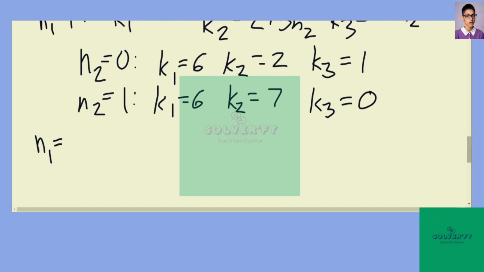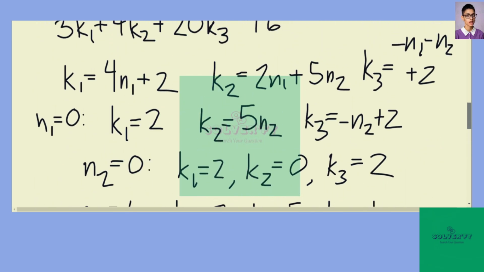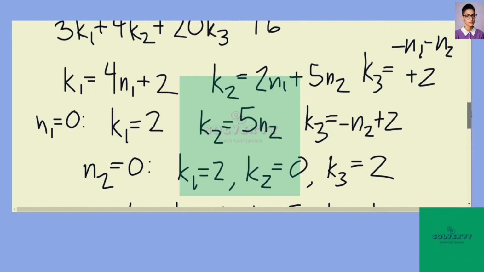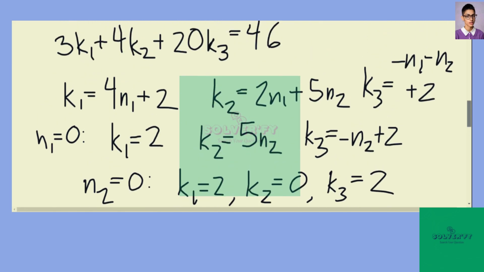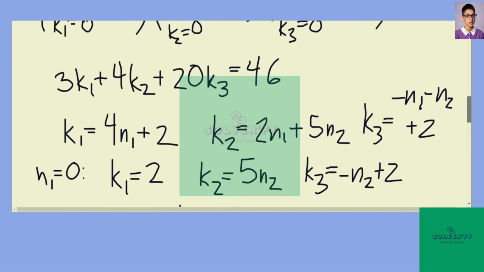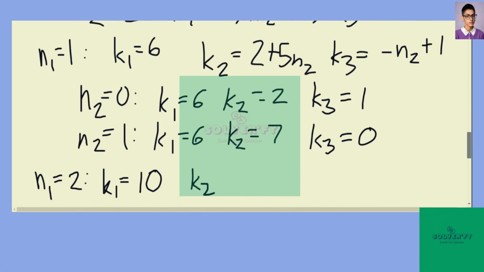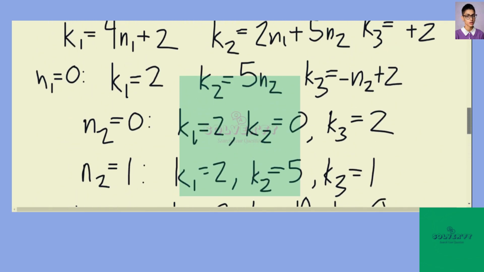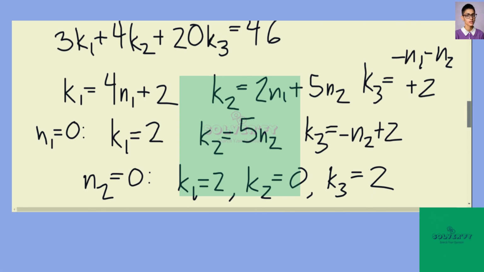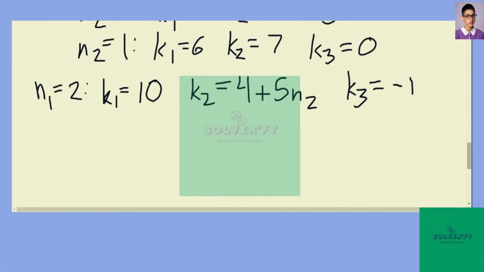If we take n1 to be equal to 2, we have that k1 is equal to 8 plus 2 is 10, k2 is equal to 2 times 2 is 4, and k3 is equal to 2 minus n2 plus 2, which is simply negative n2.